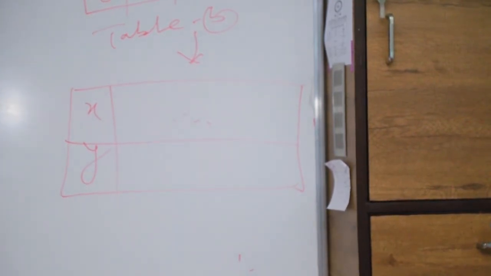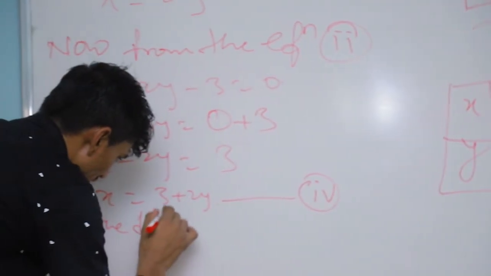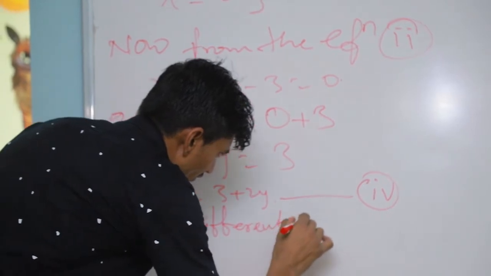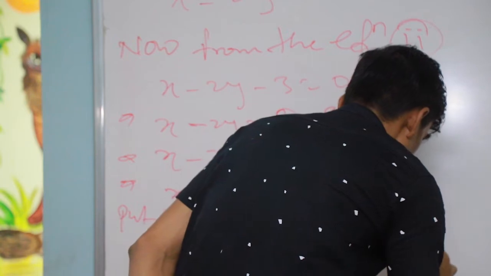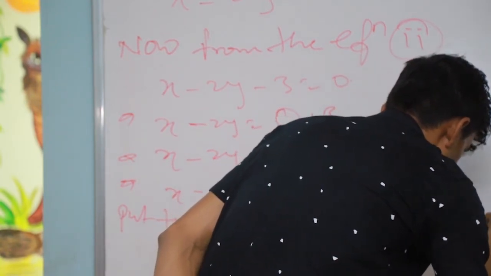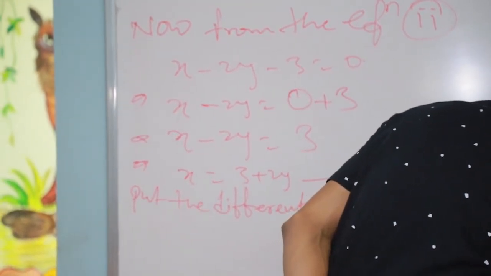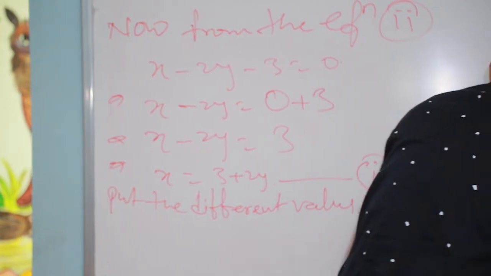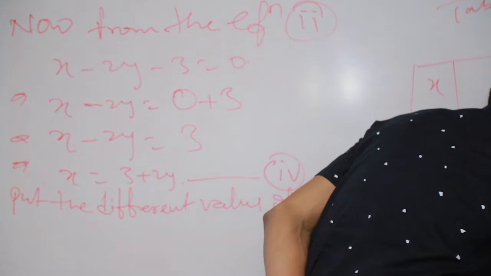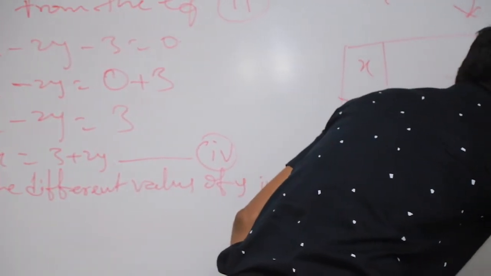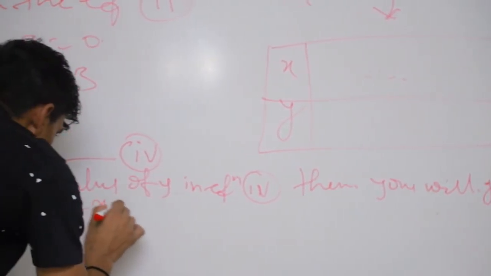That means put different values of y in equation 4 and then you will get the value of x.